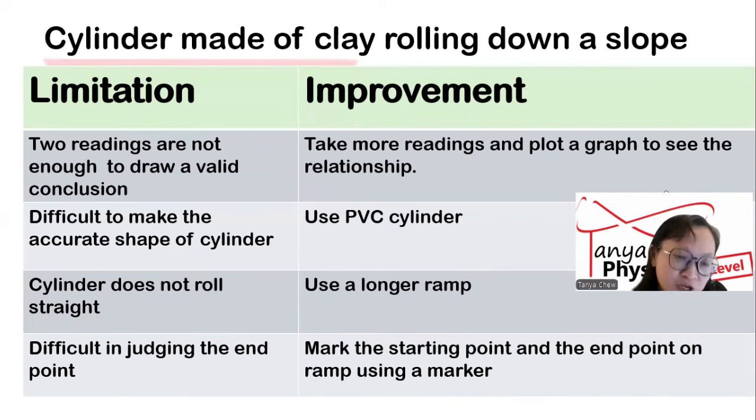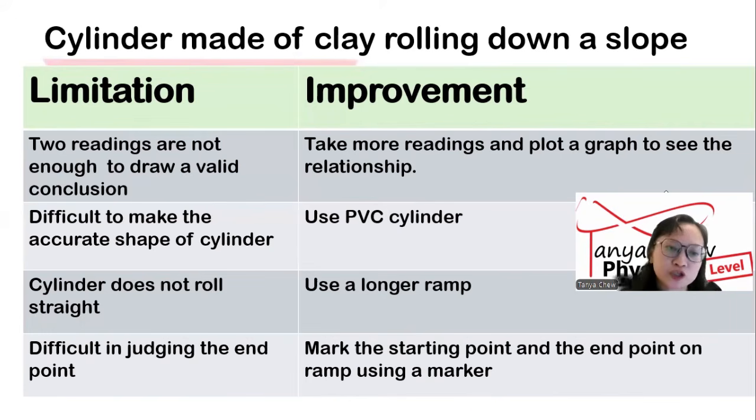And the next limitation is maybe when you roll the cylinder down, because this cylinder is made of clay, it does not roll straight. It might roll at a certain angle. To improve it, maybe you can use a longer, smooth ramp so that it can roll down straight smoothly.